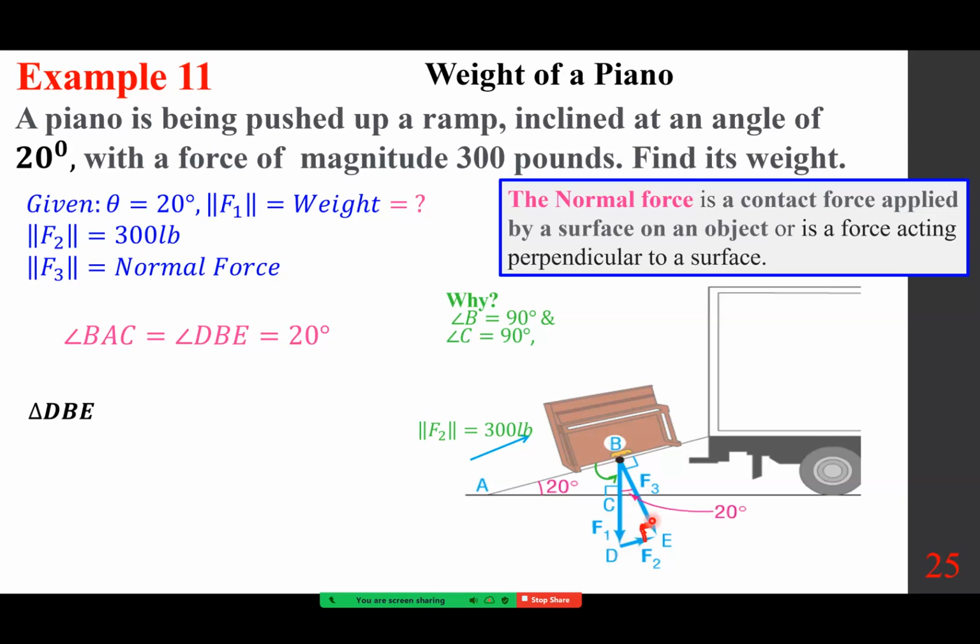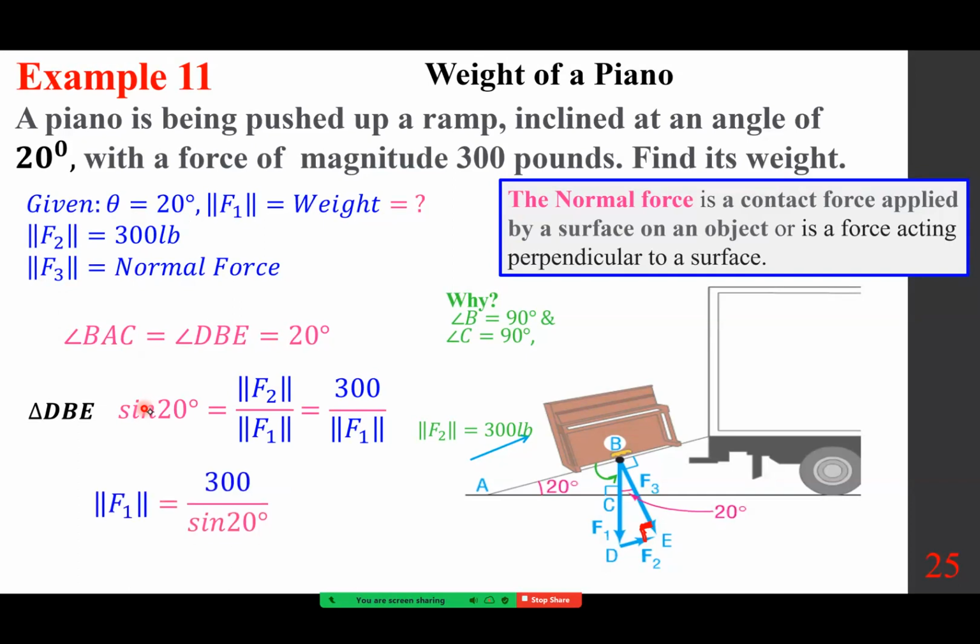And the hypotenuse against the 90-degree angle is the weight that we are looking for. So this one, we're going to replace it with 300 pounds. And so this value becomes 300 divided by sine of 20. And using a calculator, we end up with 877 pounds. Remember, sine of 20 is definitely less than 1/2. Remember, sine of 30 is 1/2, and sine is an increasing function from 0 to 90 degrees or 0 to pi over 2. So 877 pounds.